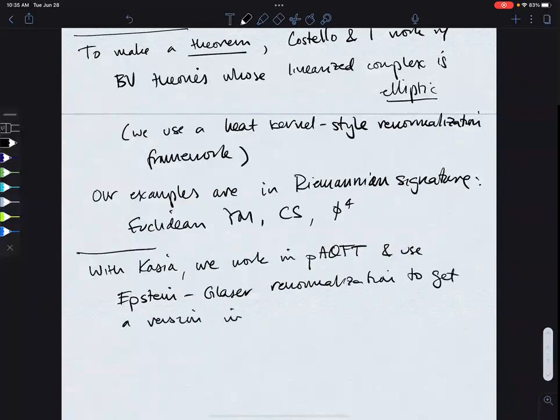I see, in Lorentzian signature. Yes. A lot of the details change, the way we do things under the hood changes quite a bit, but there's a version of this meta theorem that works.